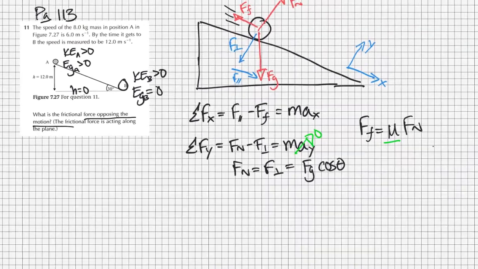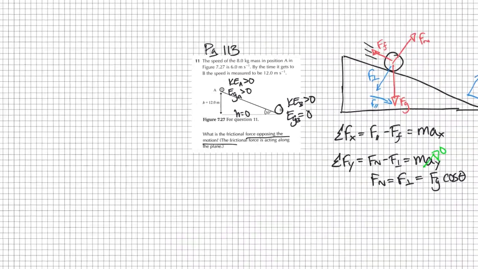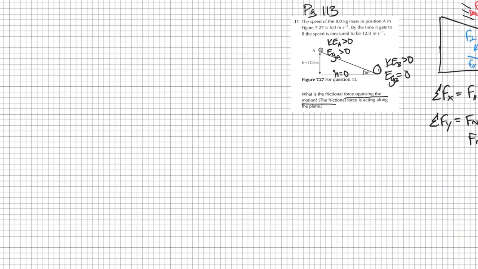So we did our forces, we did our net force equation, which is awesome. Let's though look at this in terms of energy. So in terms of energy, we're going to have the kinetic energy at A plus the gravitational potential energy at A equal to the kinetic energy at B. And so that's what should be true, right?